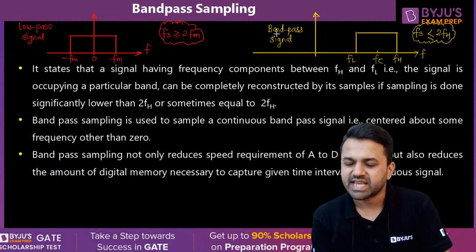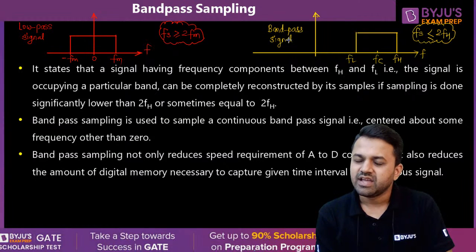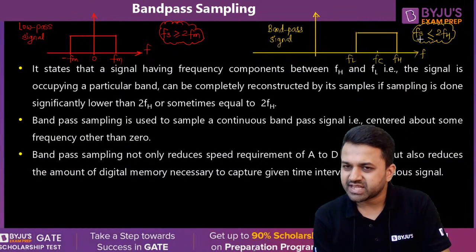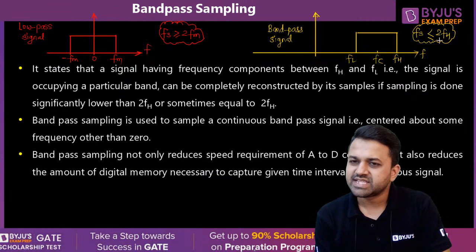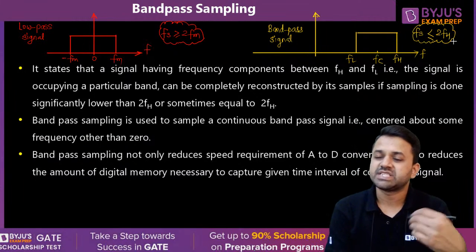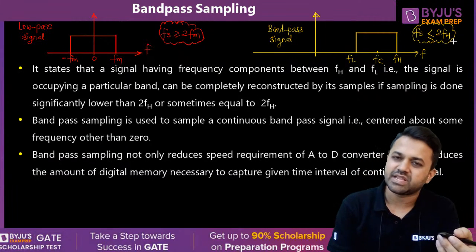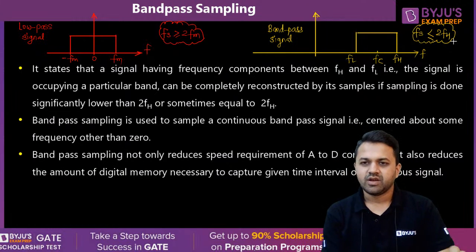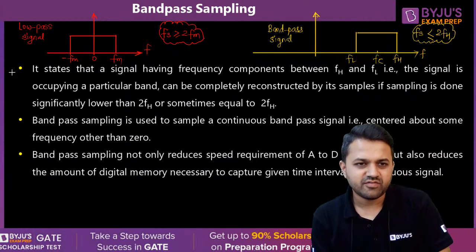But here we are saying that the bandpass signal can be recovered from its samples if you take the sampling frequency less than or equal to 2fh. That means even if you undersample the signal, you will be able to recover your message signal. Okay, so this is the first point.